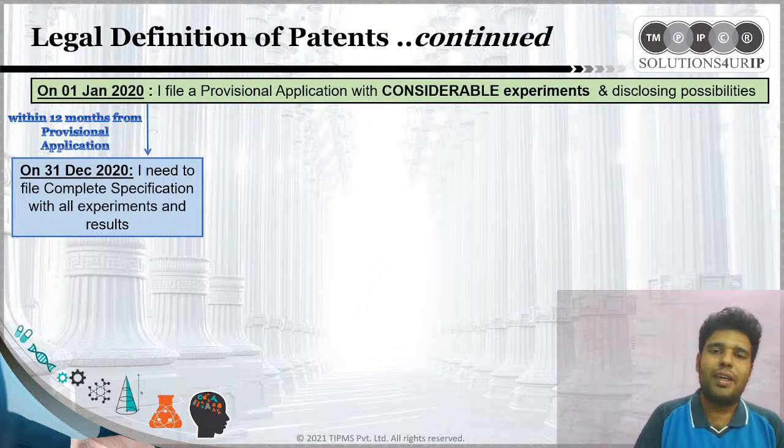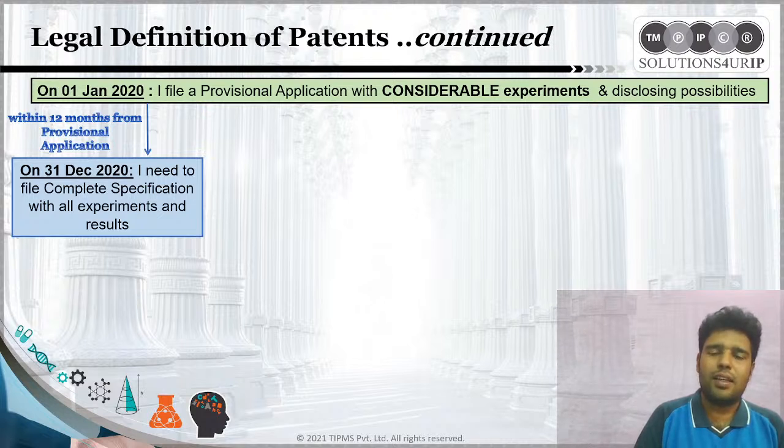So in order to answer that question, you have to say that under the PCT rules, under the Patent Cooperation Treaty rules, a corresponding application based upon this present patent application can be filed within 31 months from the date of provisional patent application.